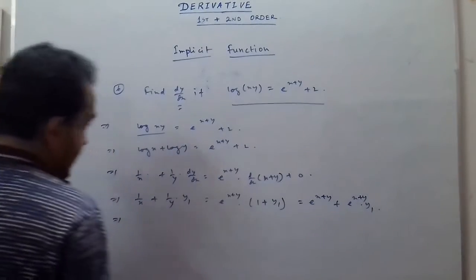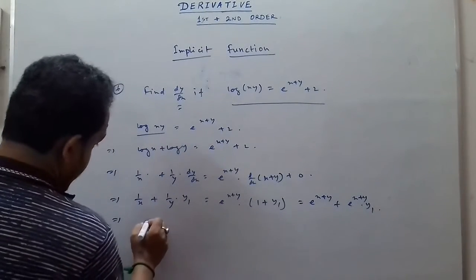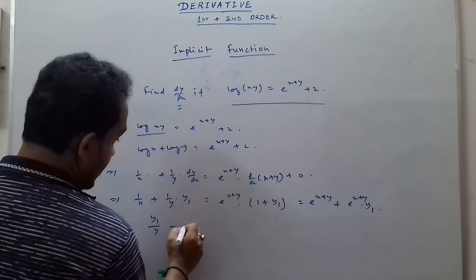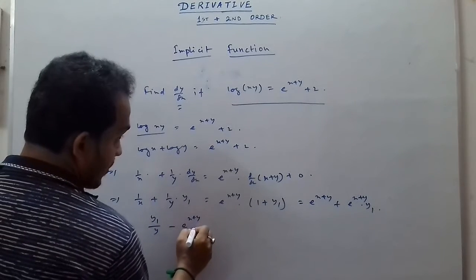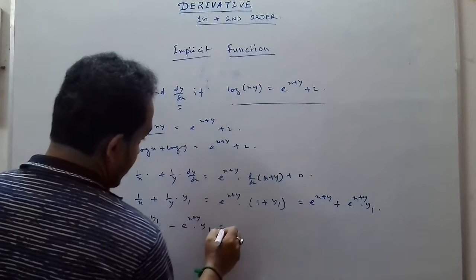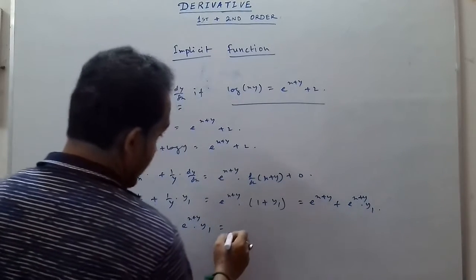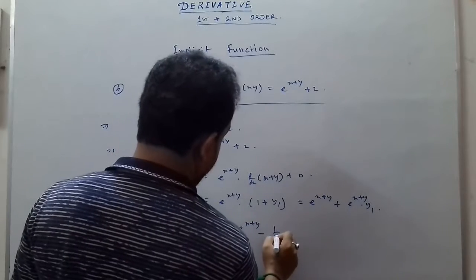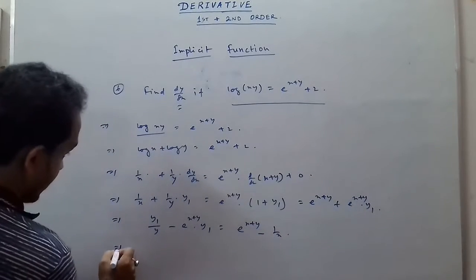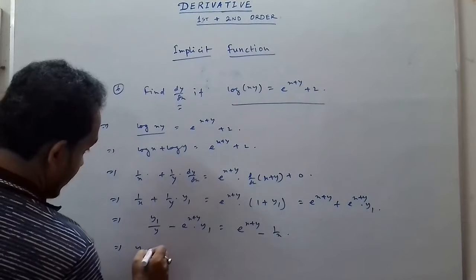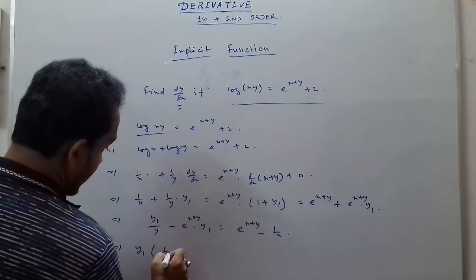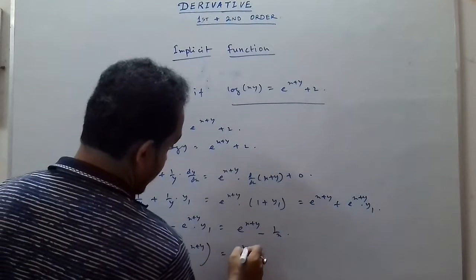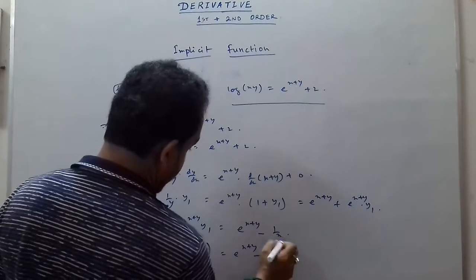Now from right side transposing, we get y1 by y minus e power x plus y into y1 is equal to e power x plus y minus 1 over x. That is, taking common y1 on both sides, we get (1 over y minus e power x plus y) is equal to e power x plus y minus 1 over x.